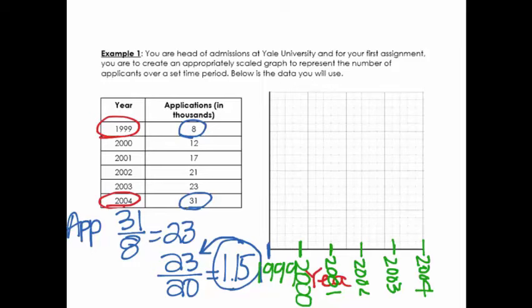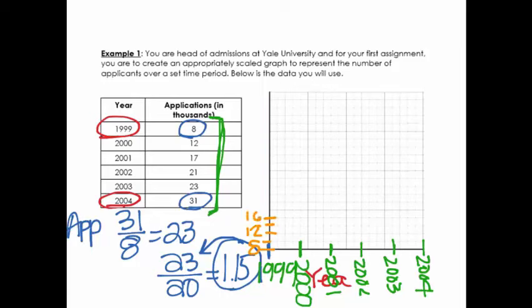Now, as I said here, if I count by 1s, everything's not going to fit in the 20 boxes. It's close. So I'm going to count by 2s and start at 8. So that means this box is 8. This one would be 10, 12, 14.